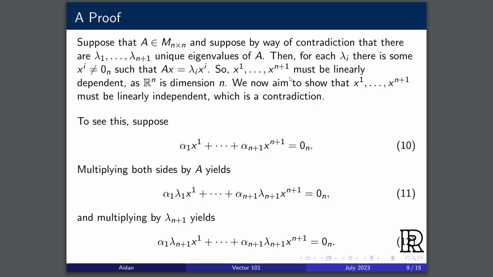I'd be interested to know. Yeah, exactly. If we took some number of those vectors and took their span, we could find the other one. That is the idea.